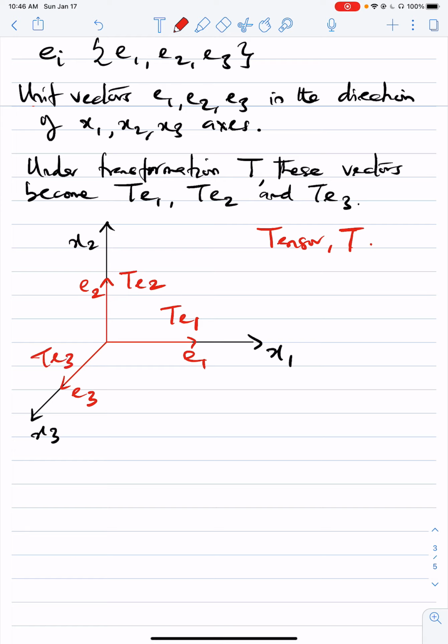If you apply T to each of these unit vectors, this one becomes this, and this one becomes this under the transformation. So E1 has become TE1 by virtue of the tensor T. T has done a transformation. I hope that makes sense.